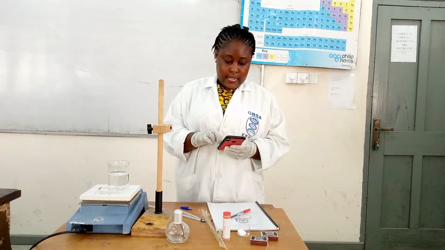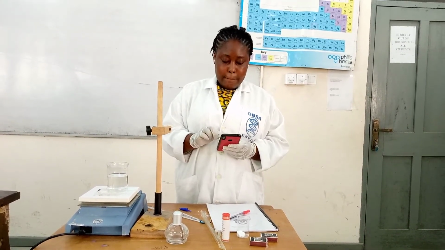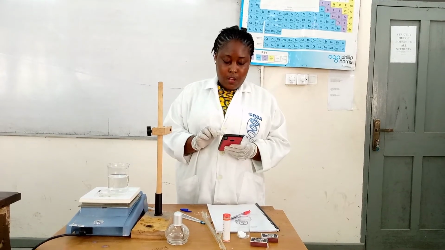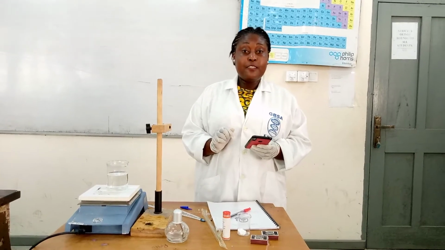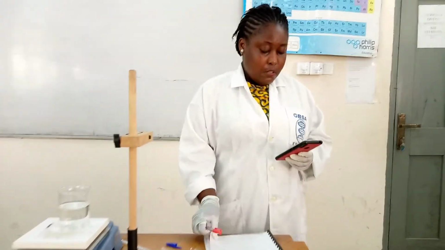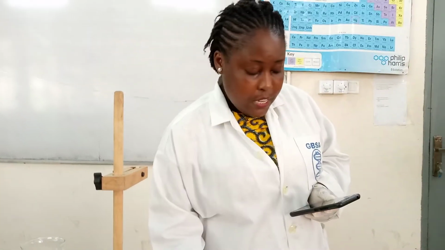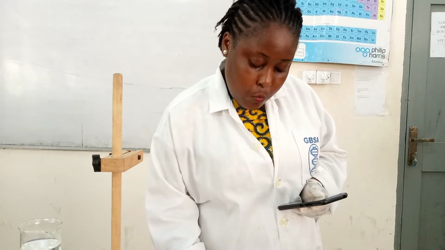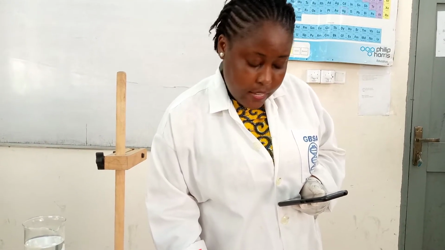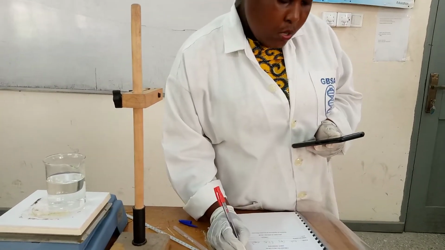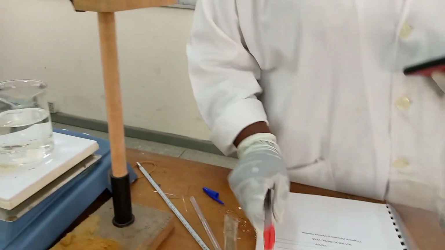Let me open another site and see. Okay, so I have here benzoic acid. The range for benzoic acid is 121 degrees Celsius to 126 degrees Celsius.